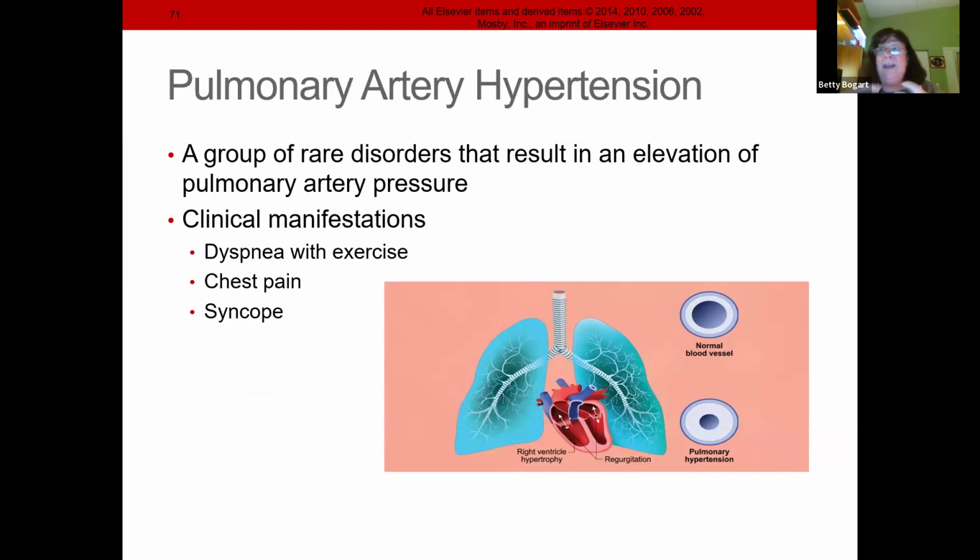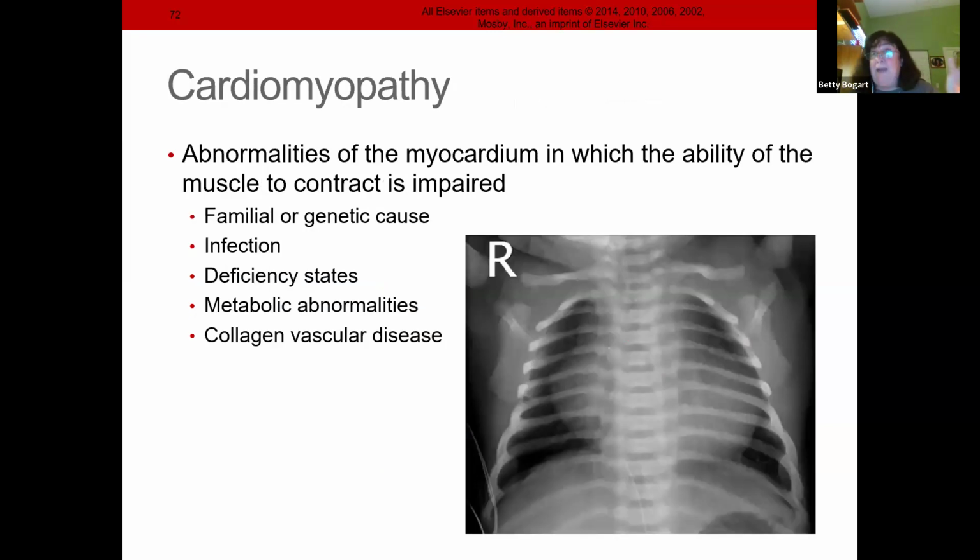And because it's related to oxygen, they get dizzy. I've actually seen children with infusions to try to help them dilate their lungs. I've actually seen Viagra used for pulmonary artery hypertension. And this was back in the early 2000s, right when Viagra was coming around. So it was like, what? But it does, it dilates, right?